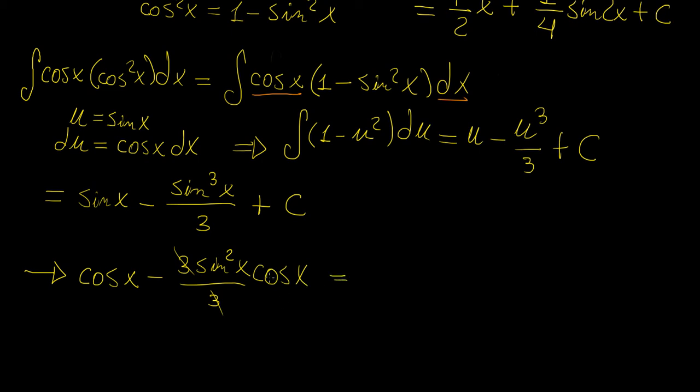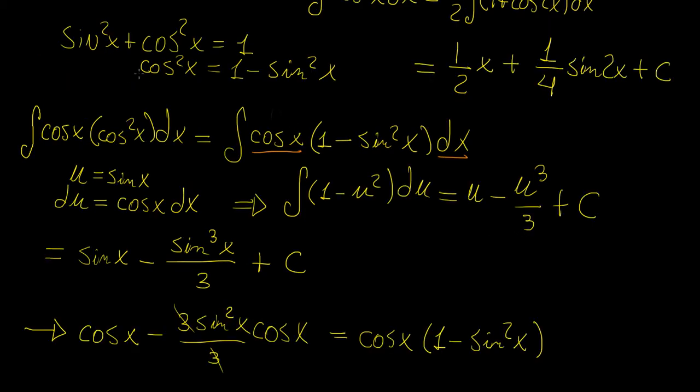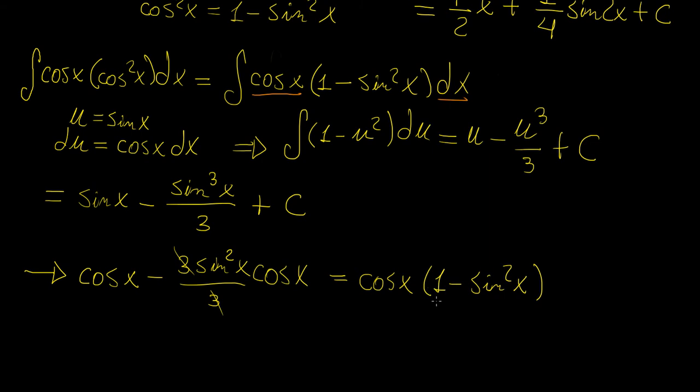Alright, so now what you notice is that you can actually factor the cosine out of this equation. So you have cosine of x times 1 minus sine squared x. And now if we look at the original trigonometric identity that we used, it turns out that you can substitute back for cosine squared x.